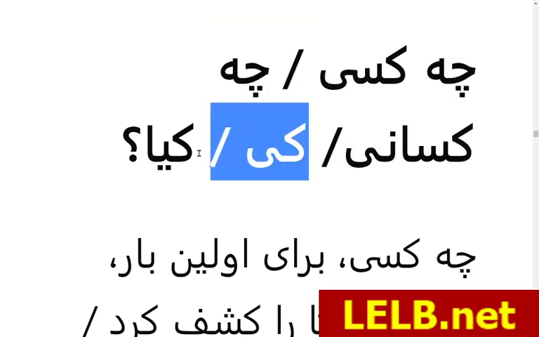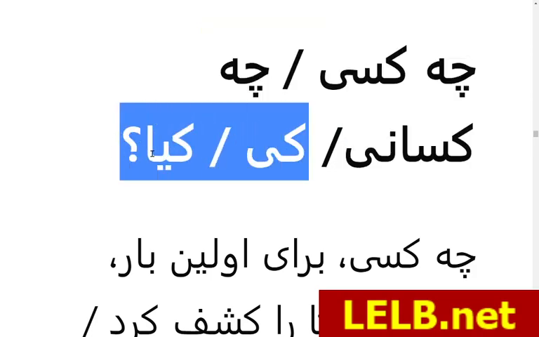And the first two options are more formal and the last two options are more informal. They have the same meaning. So چه کسی is singular who formal. چه کسانی plural who formal. کی singular who informal. کیا plural who informal.